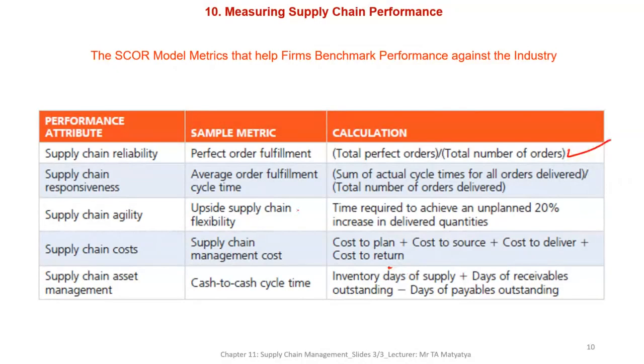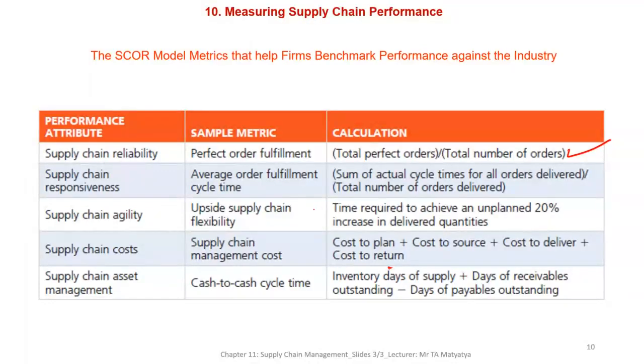Supply chain responsiveness: average order fulfillment cycle time, the sum of actual cycle times for all orders delivered over total number of orders delivered. Supply chain agility: upside supply chain flexibility, the time required to achieve an unplanned 20% increase of delivered quantities.